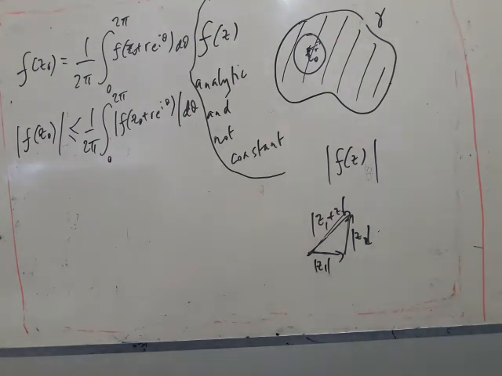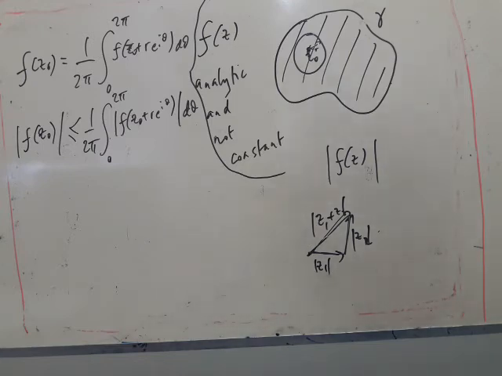Suppose we prove this by contradiction. Suppose that there is a point somewhere in the interior where the modulus of f of z has its maximum.